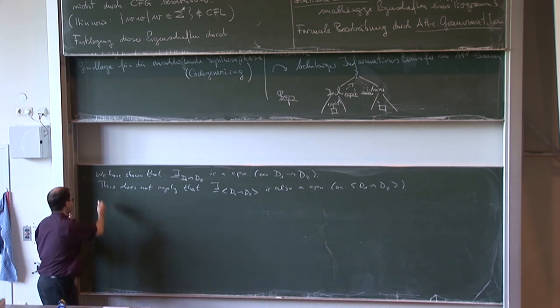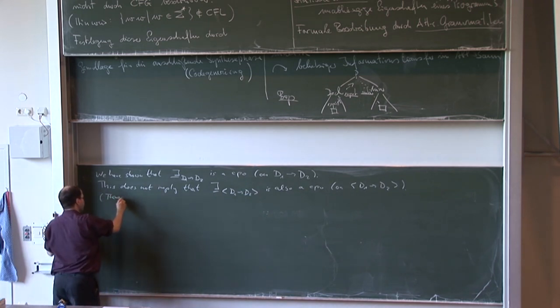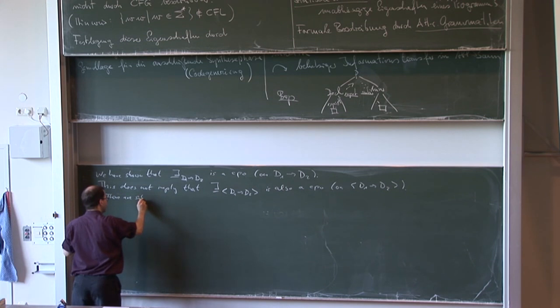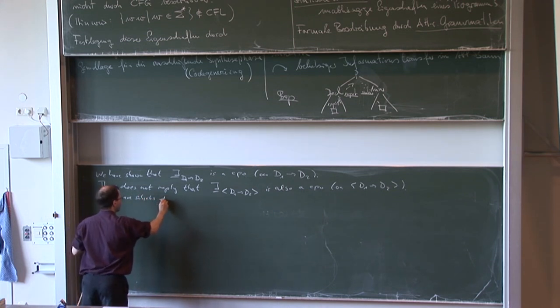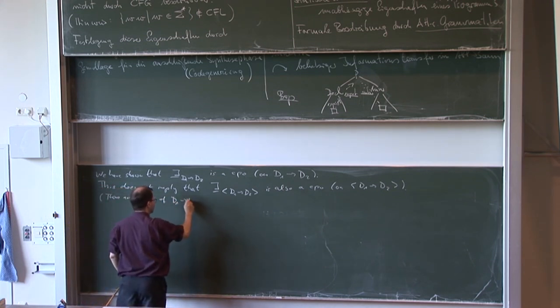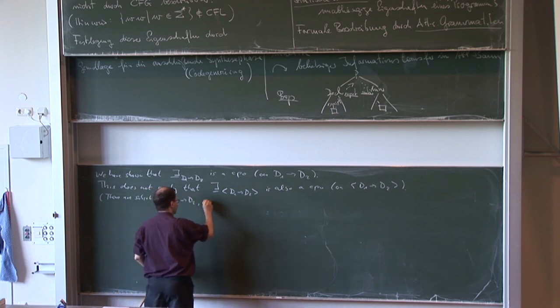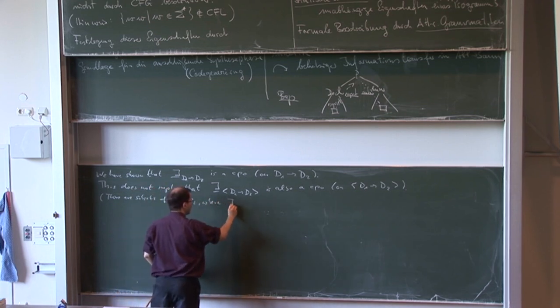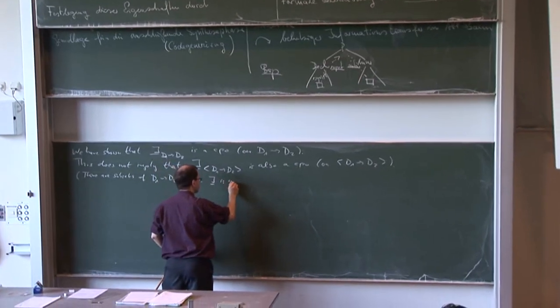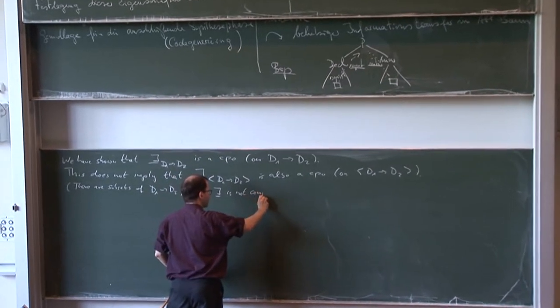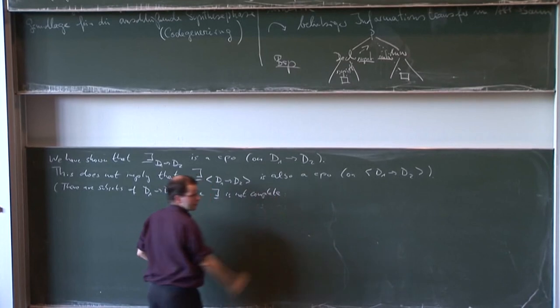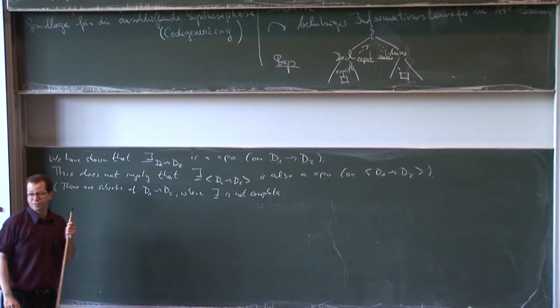For example, there are subsets of D1 arrow D2 where the less defined or equal relation is not complete. And one example is the set of total functions.